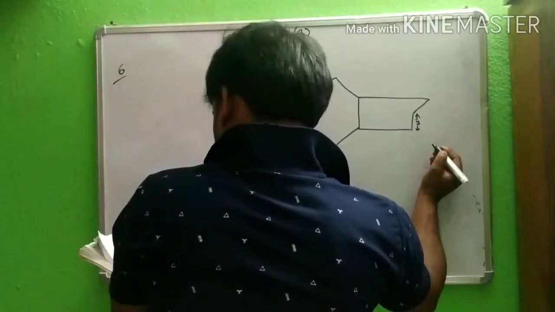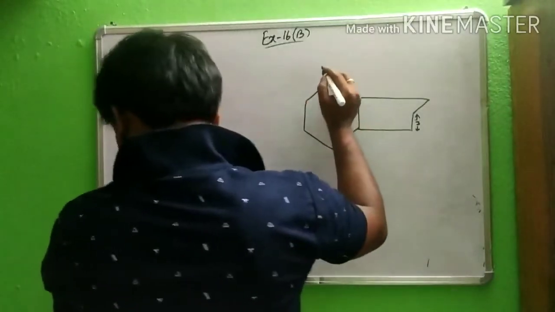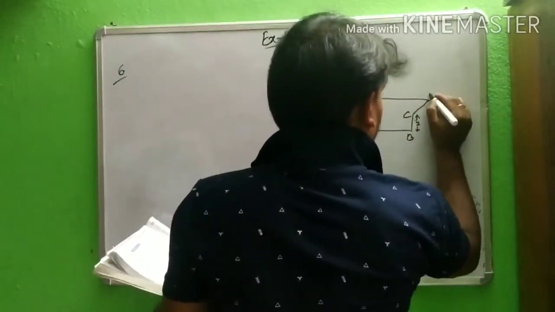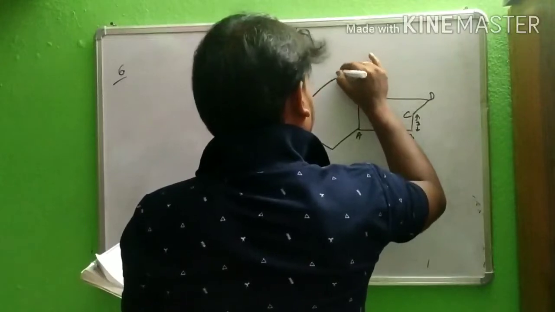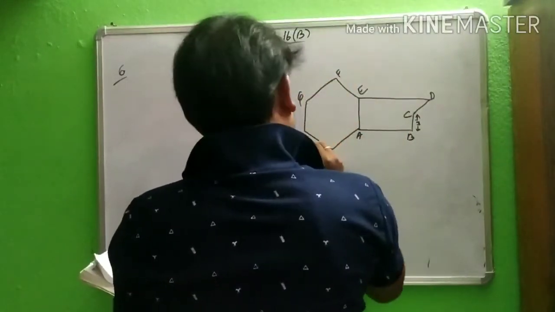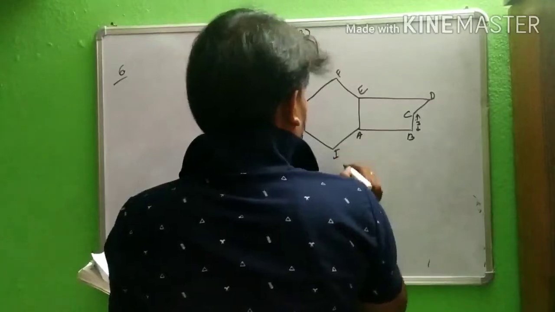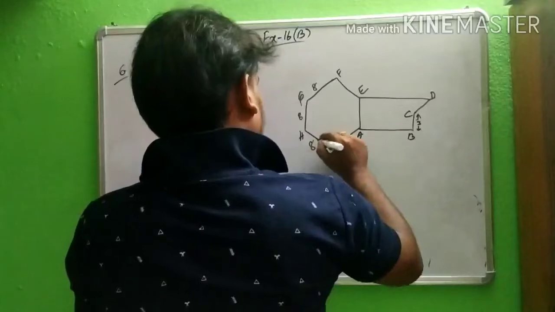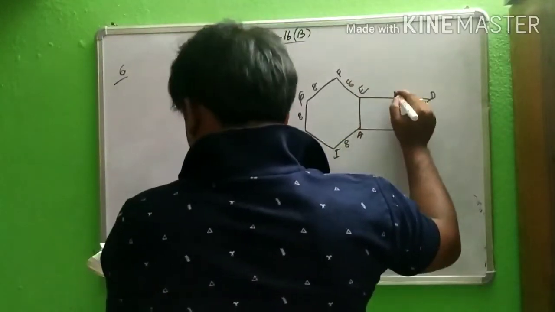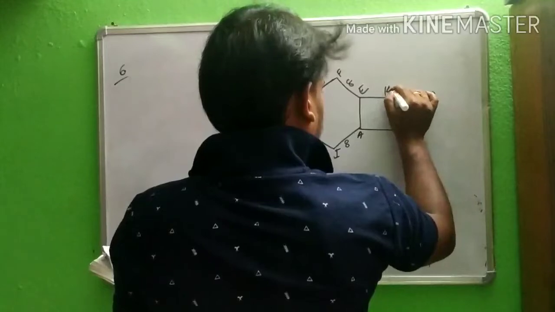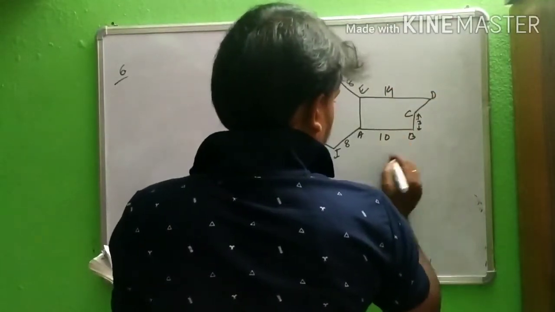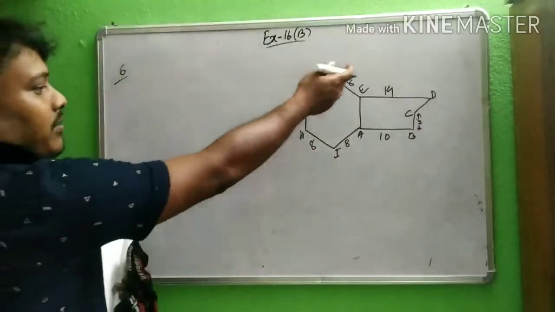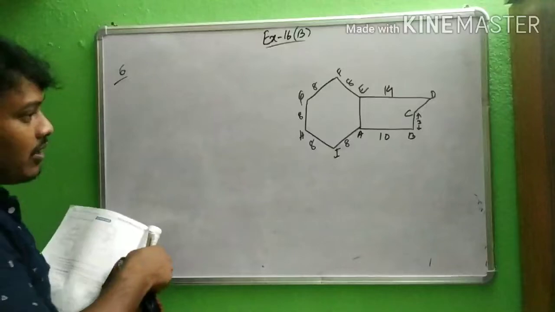Points A, B, C, D, E, F, G, H, I. The values are 8 centimeter, 8 centimeter, 8 centimeter, 8 centimeter, 8 centimeter, 14 centimeter, 10 centimeter, 10 centimeter. I have not written centimeter here, but you must write the unit.